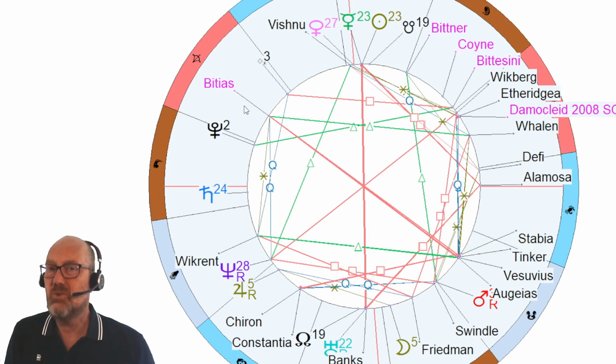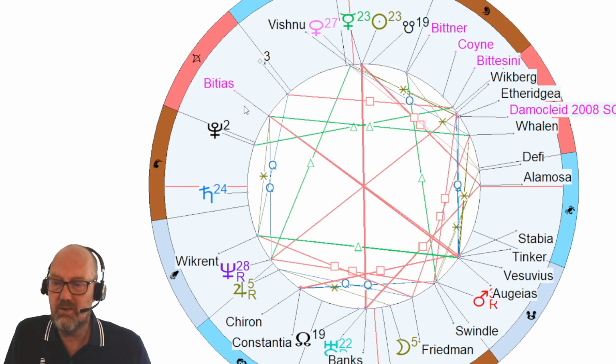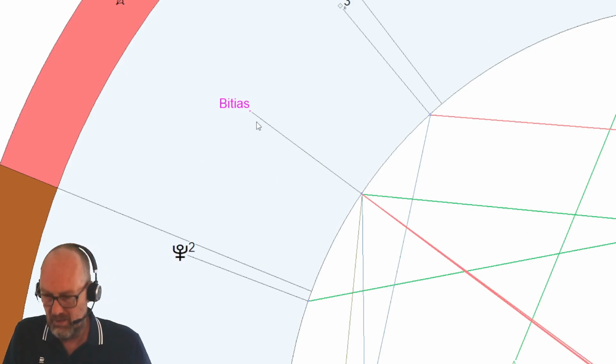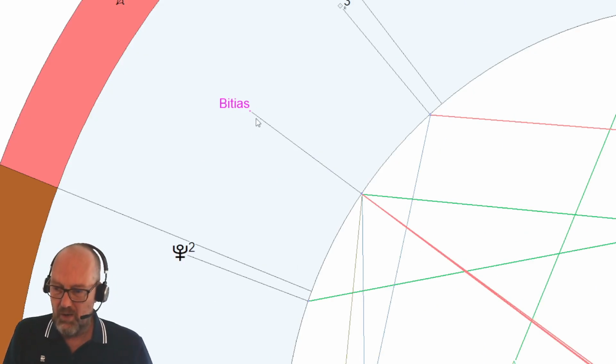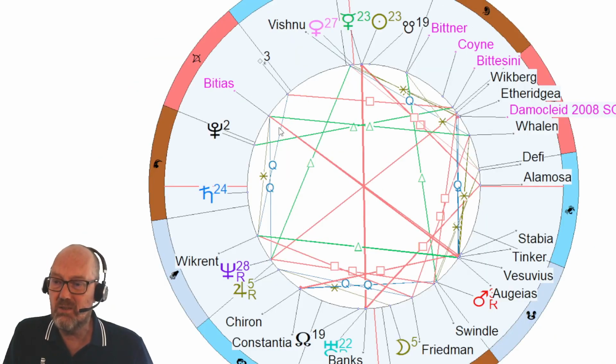If an asteroid is strong in a chart, there's a few ways it can be strong. One is that a lot of stuff happens around Bitias, that would zoom in and we get 5 or more important asteroids surrounding Bitias. That would be a sign of activation.